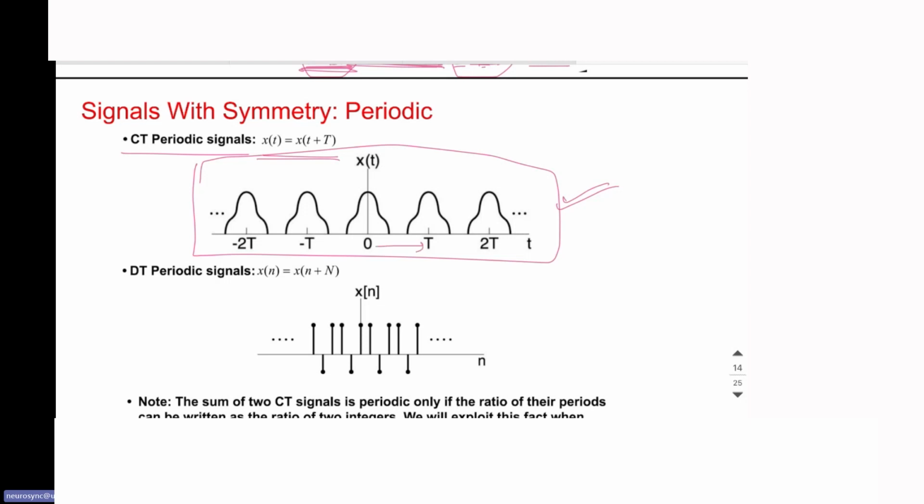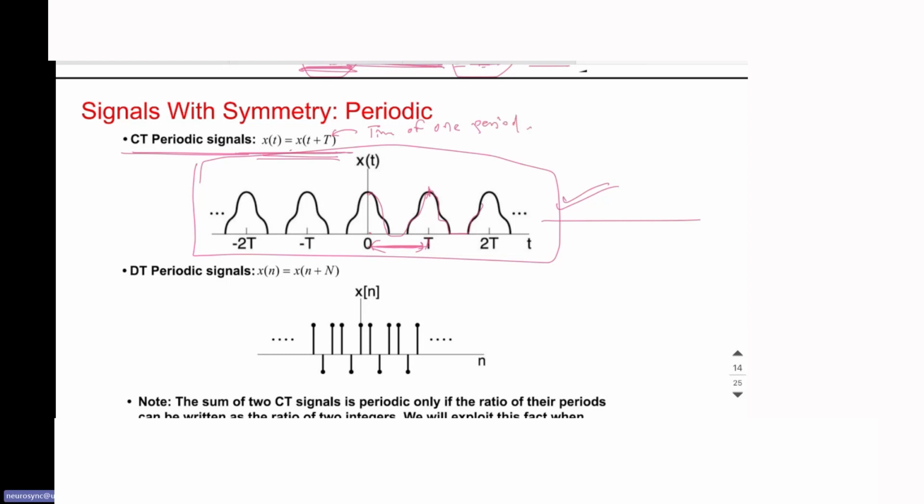This is the time of one period. From 0 up to this point you can see the pattern of the signal, and again it repeats after this T. So this T is the one time period, and this will continue till the end. The continuous time periodic signal we represent as x of t equals x of t plus T, where capital T is the time of one period.